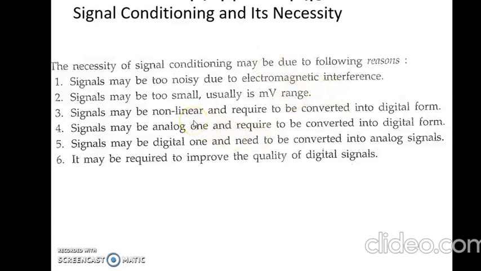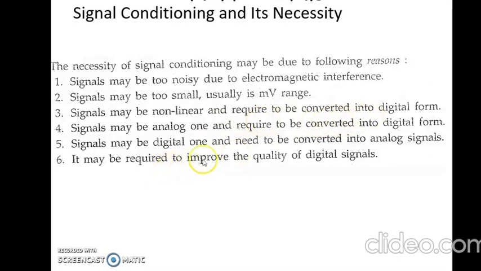Sometimes the signals may be too small. The output signal of a transducer may be too small in magnitude, so it requires to be amplified, and this function can also be done in the signal conditioning stage. Sometimes the signals may be non-linear, or they may be of analog type which are required to be converted into digital form.